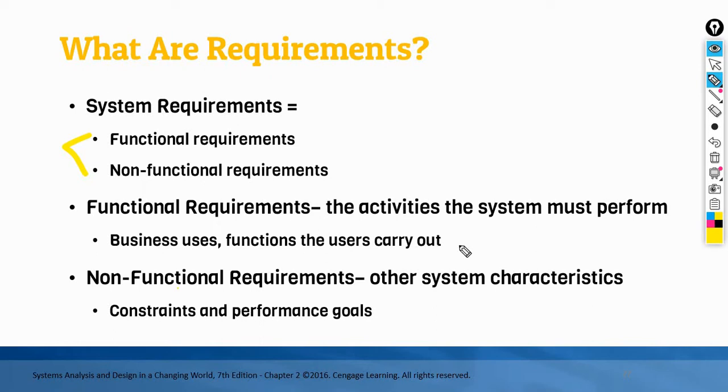Functional requirements are the activities that the system must perform. That includes business uses and functions that the users carry out. Non-functional requirements are the characteristics of the system other than those activities it must perform to support, such as the constraints and the performance goals of the system.